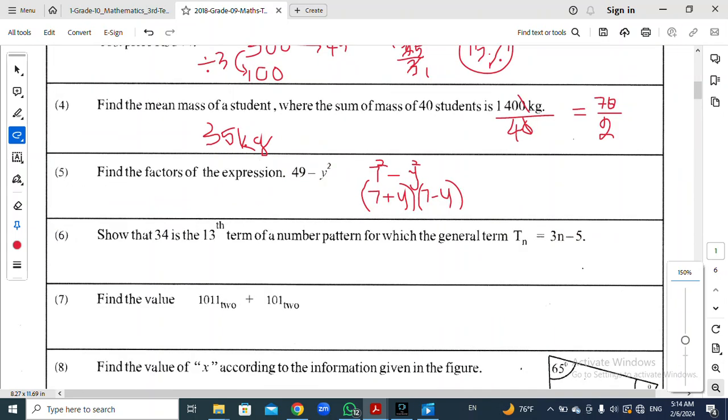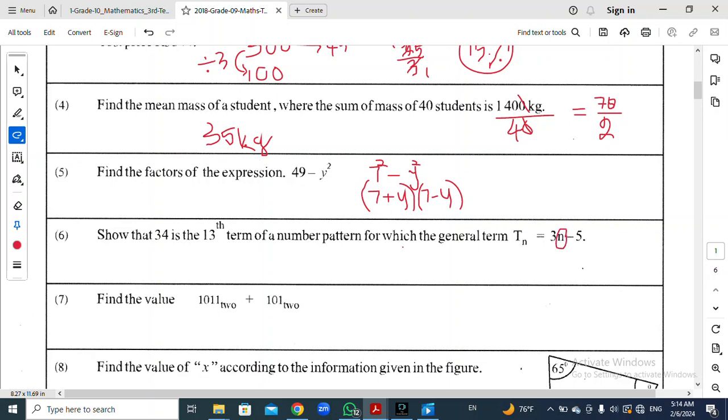And the next one is, show that 34 is the 30th term of a number pattern for which the general term Tn is equal to 3n minus 5. Okay, we have to show the 30th term is 34. So 30th means we have to use 13 instead of n.